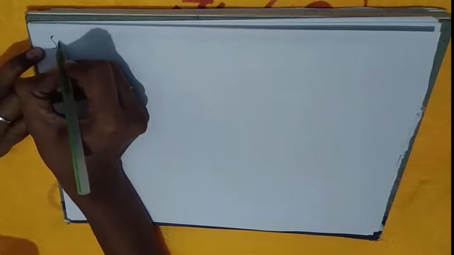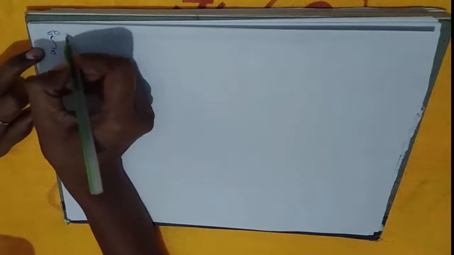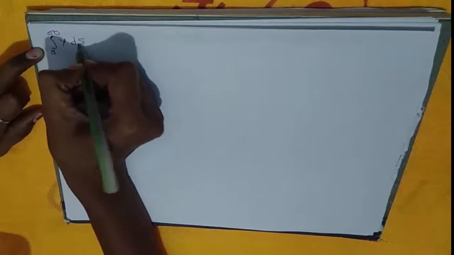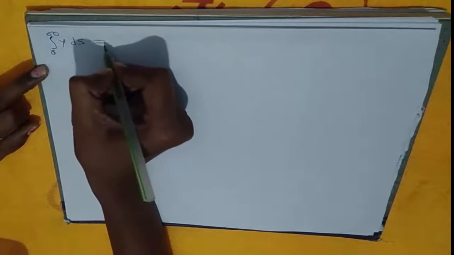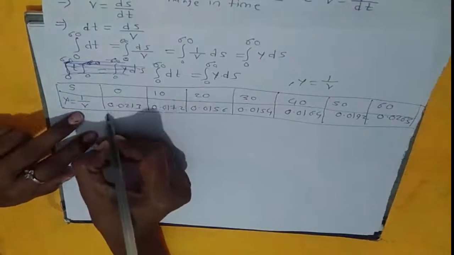So the integration from 0 to 60 of y ds is equal to, from this page, we have to get the values of y.